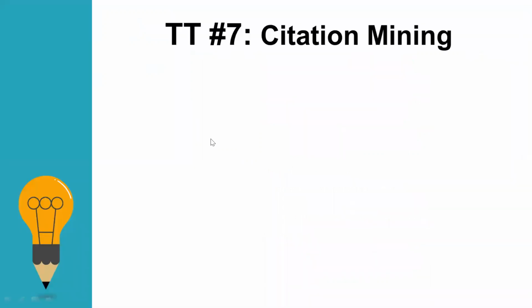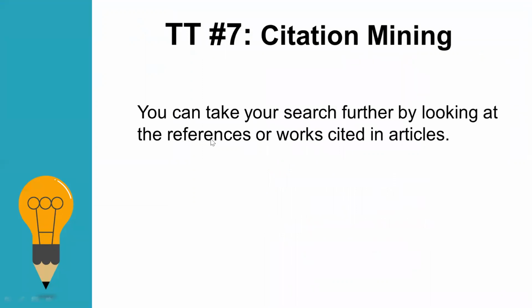The next trick is citation mining. What is citation mining? You can take your search further by looking at the references or works cited in articles. For example, we got 5 results for CPP, ACP and fluoride in our first search. Now, those 5 articles must have cited various other references.